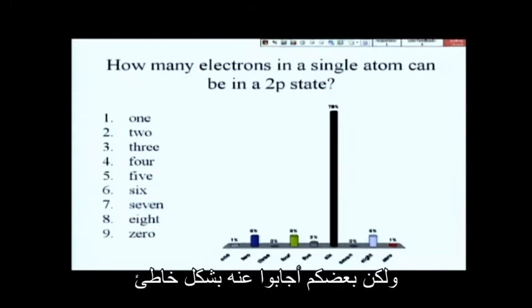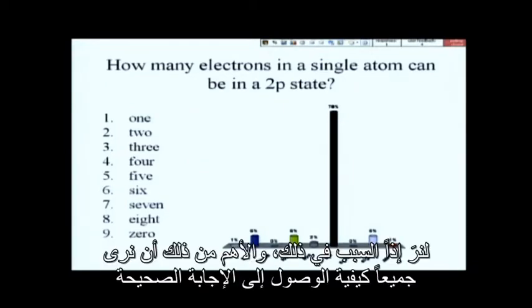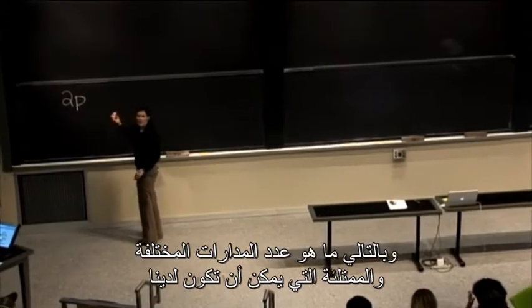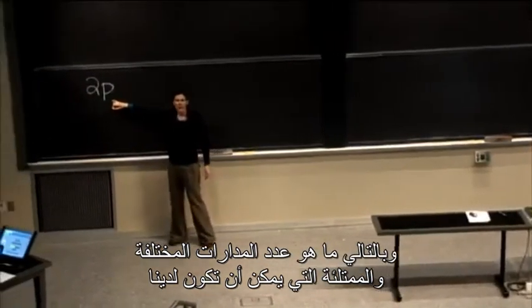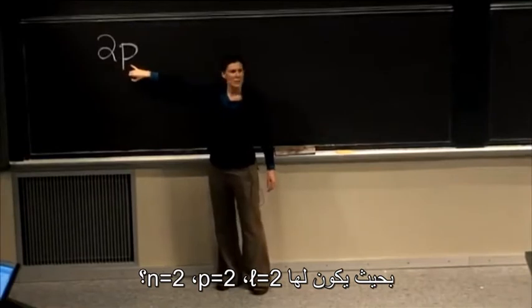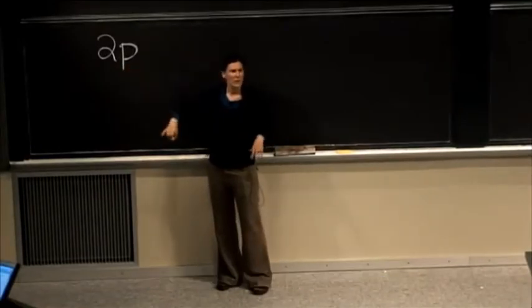Some people got it wrong, however. Let's see where that wrong answer might have come from, or actually, more importantly, let's see how we can all get to the correct answer. If we say that we have a 2p orbital here, that means we can have how many different complete orbitals with a 2 for n and a p as its L value? 3.